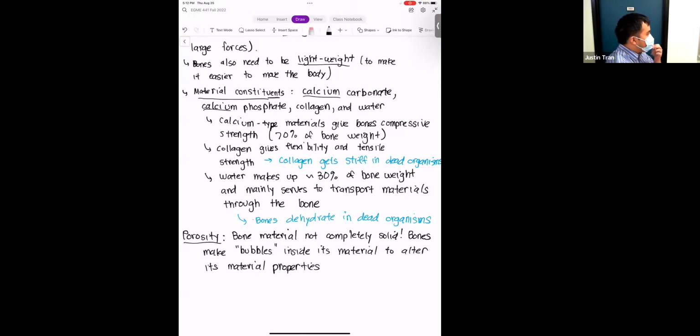And so these bubbles are where most of the water lives inside bones. The water inside bones lives inside these little pockets. Depending on how dense or how many of these bubbles there are in the bone, it's going to change the material properties of the bone.